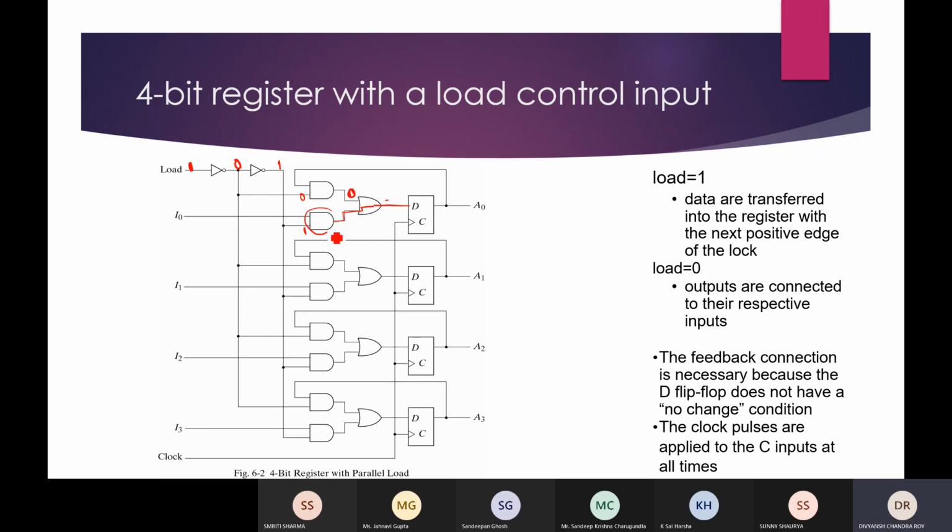The output of this AND gate will be I0 AND 1, so it will be I0. So my output here is I0, and the input to this D flip-flop is I0. So here it is like a 4-bit normal register with parallel load. So this is the circuit of a 4-bit register with a load control input. Is it clear?